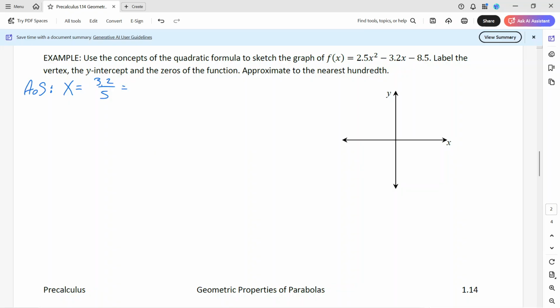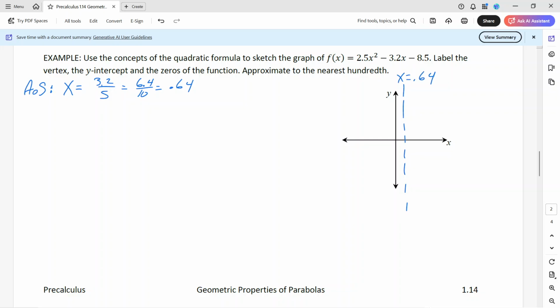Now, in my head, I'm going to double top and bottom, that'd be 6.4 over 10, which would equal 0.64. So just a little bit right of the axis is the line of symmetry at x is equal to 0.64.